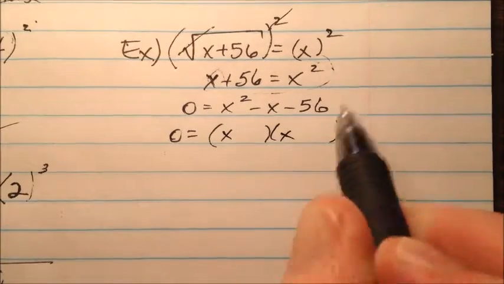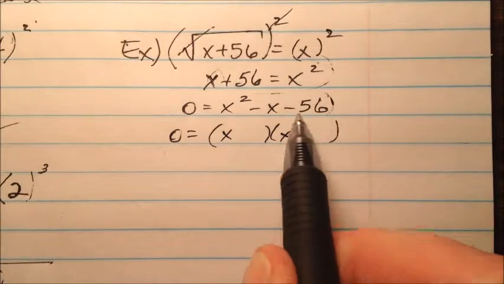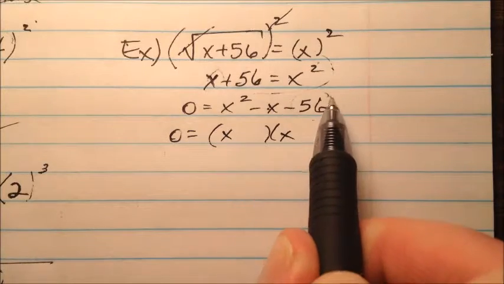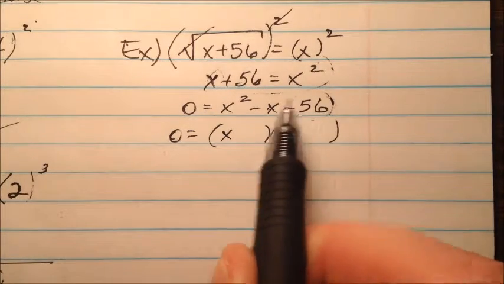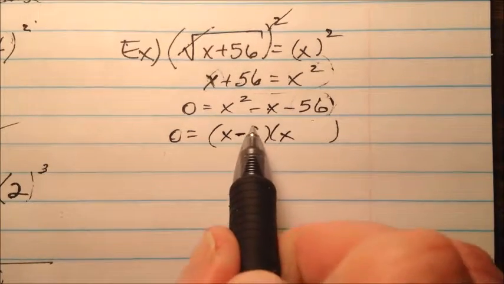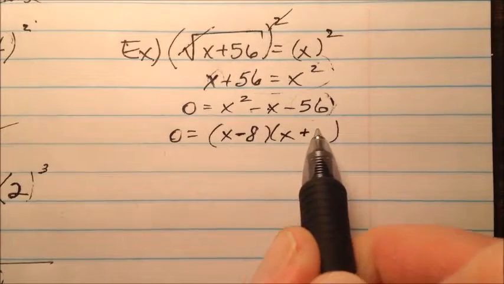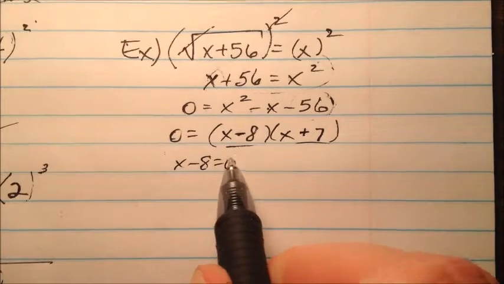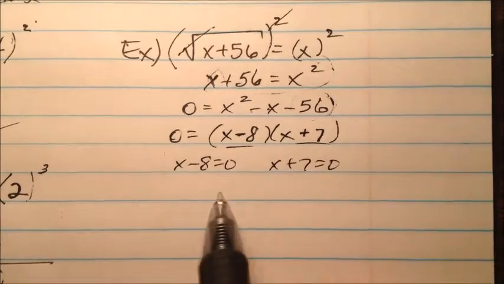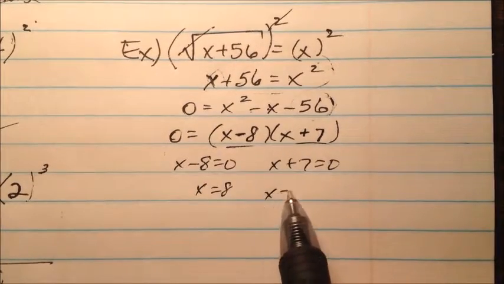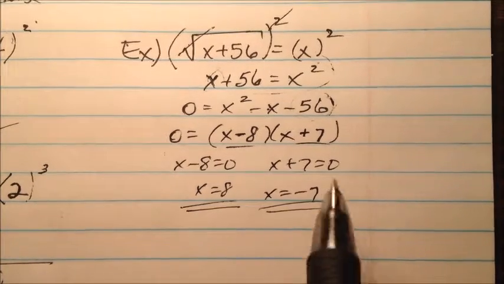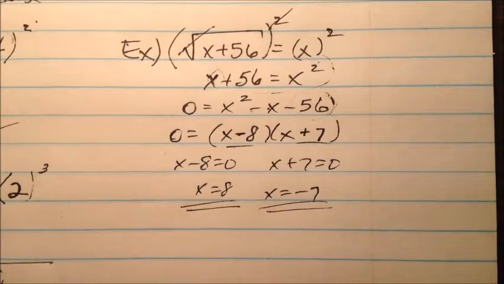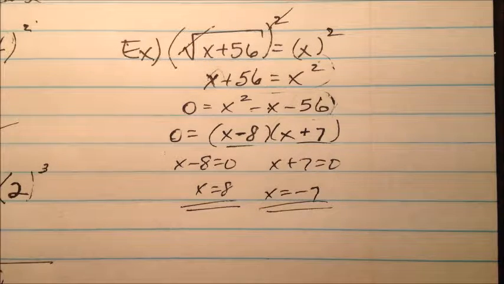We want two numbers that multiply to make negative 56 and add to make negative 1. Looks like negative 8 and positive 7. So when I set each one of those independently equal to 0, I'll get x equals 8 and x equals negative 7. And I think this might be the first example where we see what extraneous solutions are.